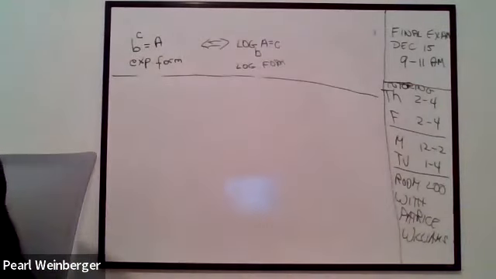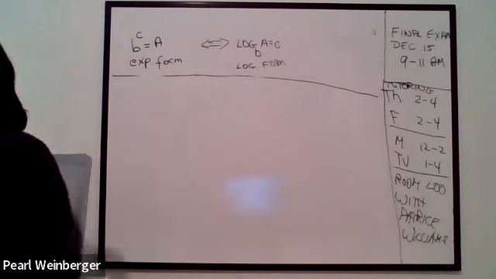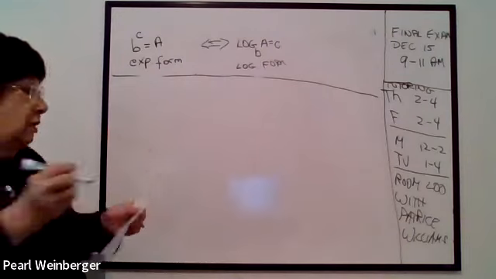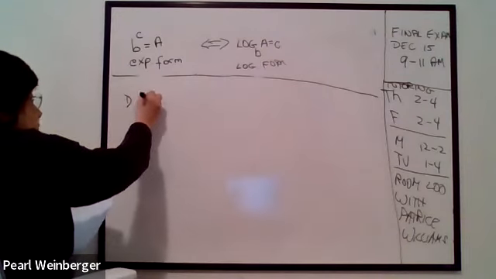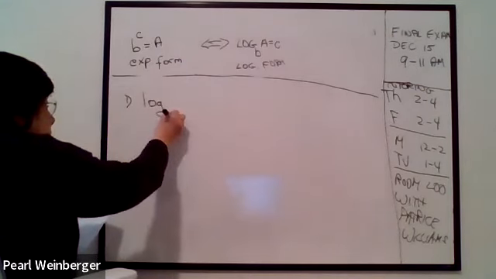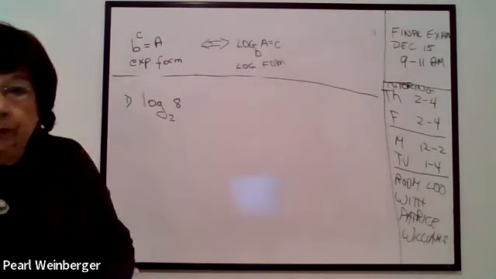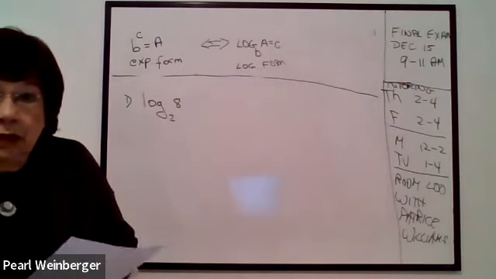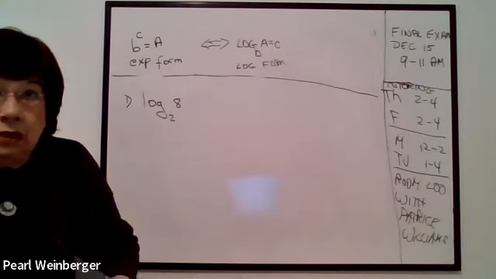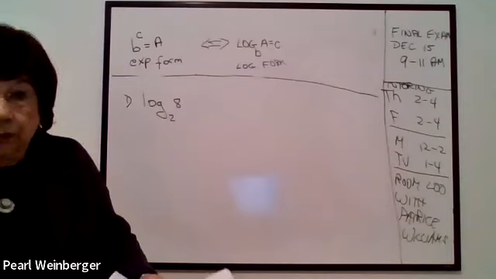So if I were to give you a question like this, where I'd say find the value of log base 2 of 8. Say I ask you, that's your question. Most of the time when you have a question about logs, it's easier to solve if you take it and put it in the exponential form.